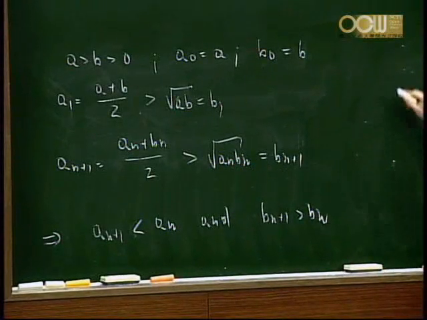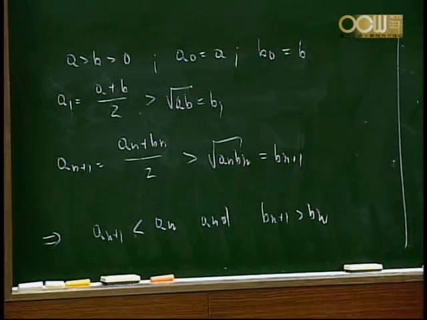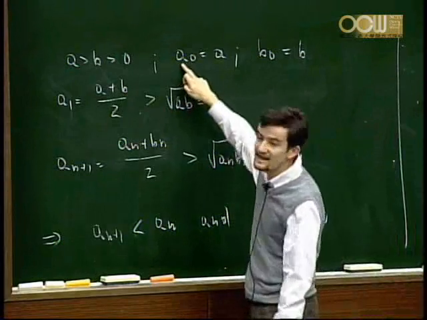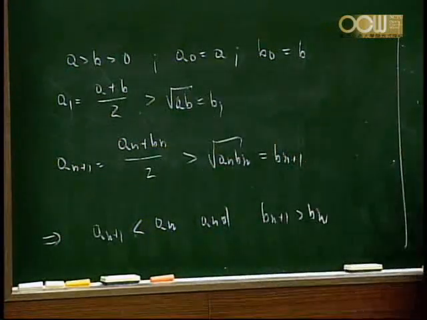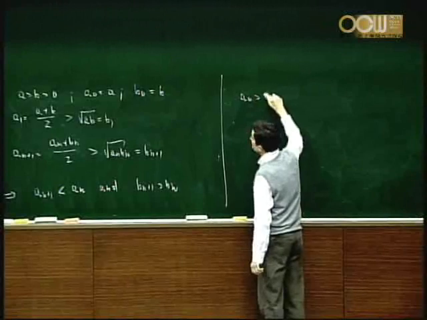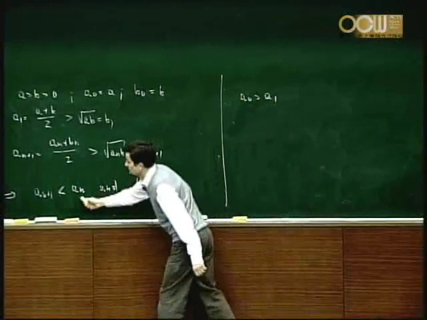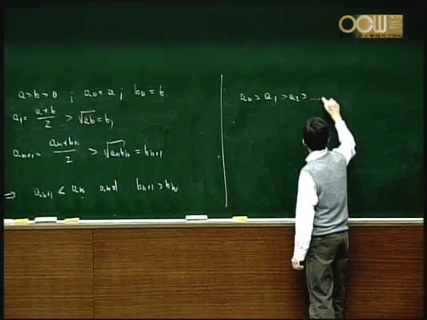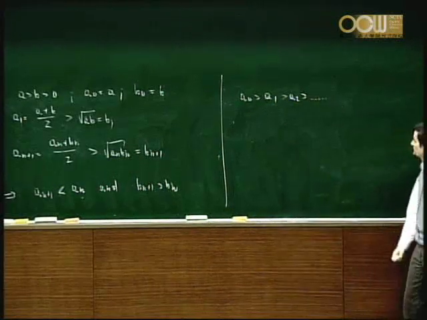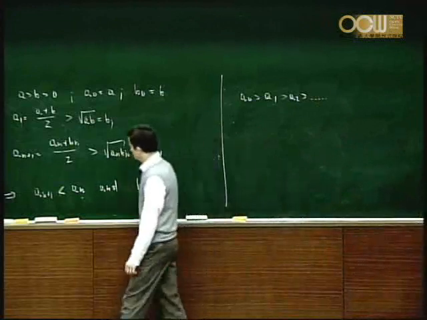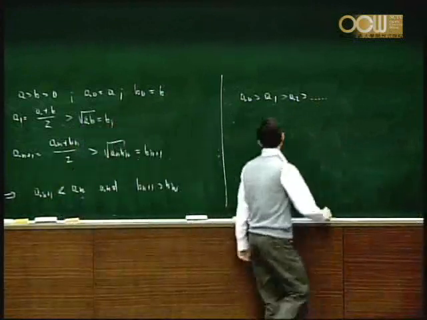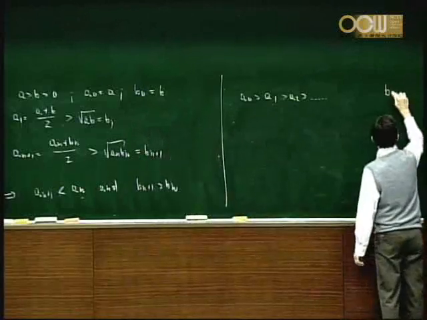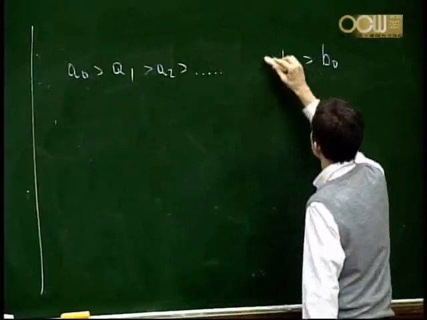So you see from this that the a sequence starts at a0, is larger than a1, and is decreasing. But if you look at the b sequence, the behavior is in the other direction, increasing.